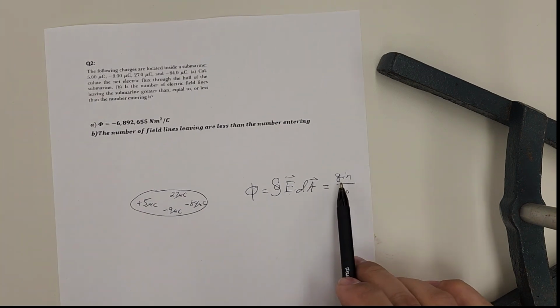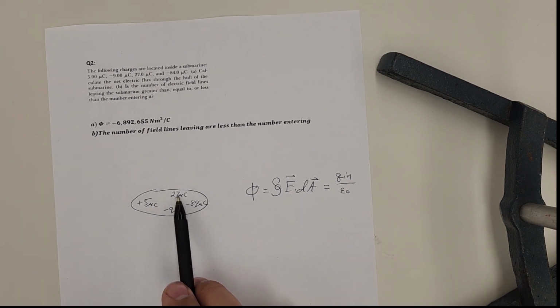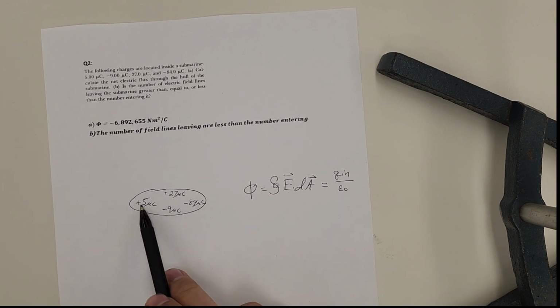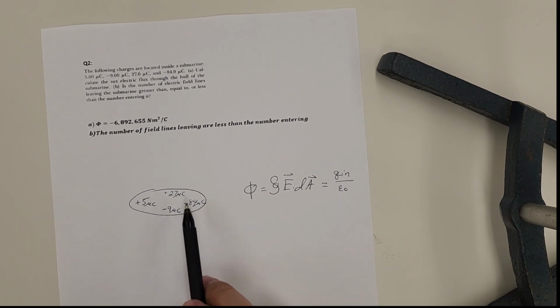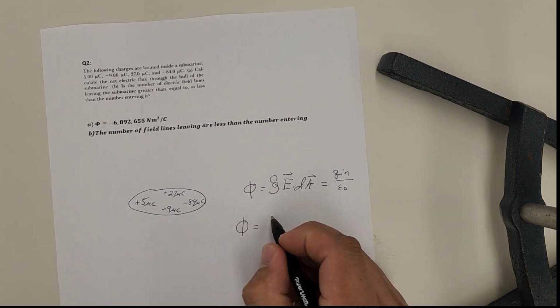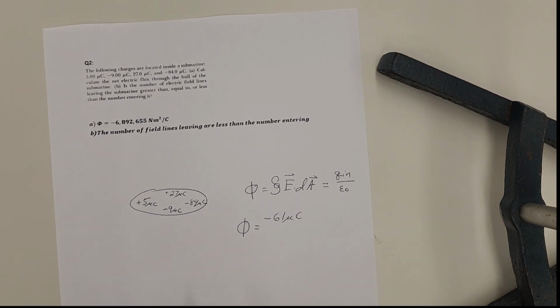So all we have to do here, I need to know how much charge is enclosed. If you take positive 27, add 5 to it, then minus 9, then minus 84, you should end up with a negative 61 microcoulombs of charge when all of these are added together.